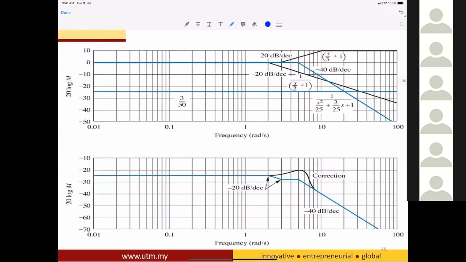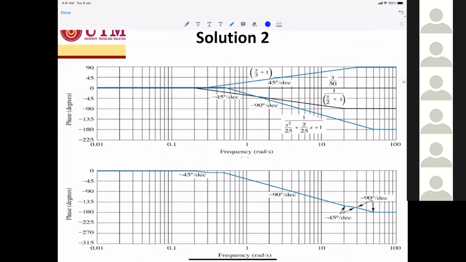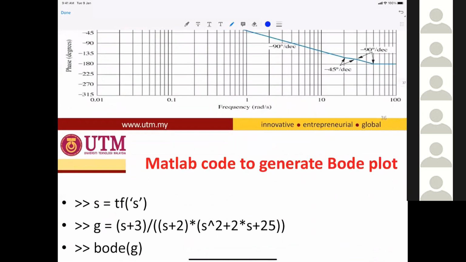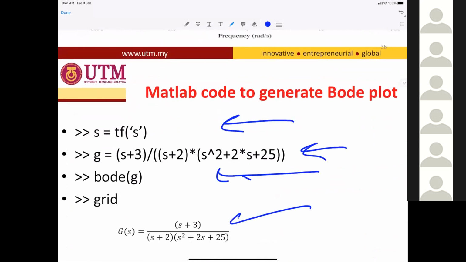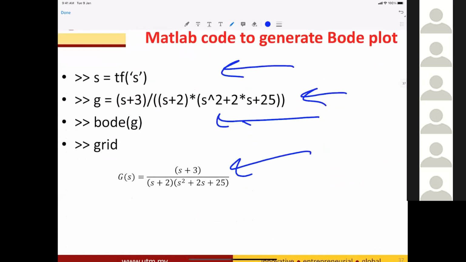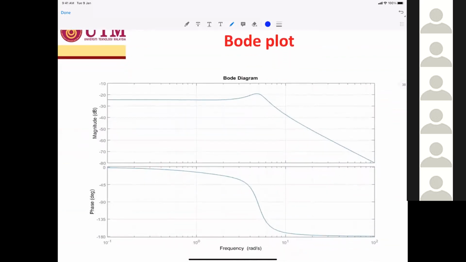Just to inform you how we do it manually. But in the exam, you don't have to do it manually. All plots are given. So this is the code that I used for the plotting just now, for this particular transfer function.